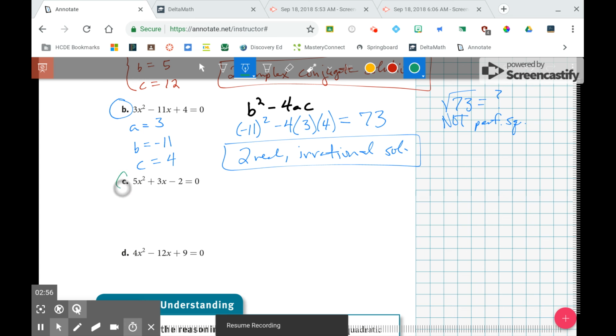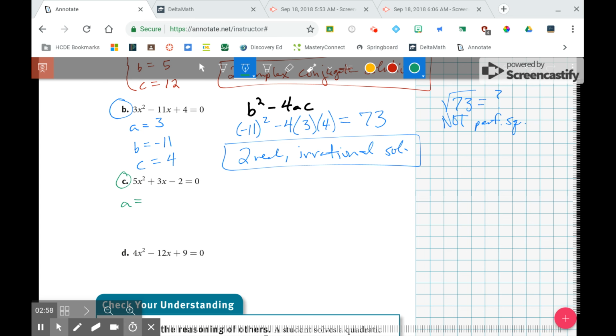Okay, let's look at part C. First thing, just like all the other problems, was A, B, and C. So 5, 3, negative 2. These are really easy to identify because we're not having to move any terms over. But remember, if your equation is not equal to 0, you need to move the terms over so that it is. So now that we have A, B, and C, let's plug it into the discriminant.